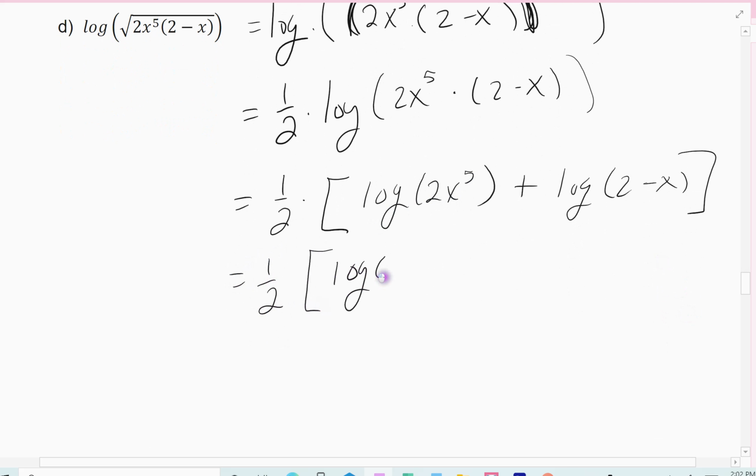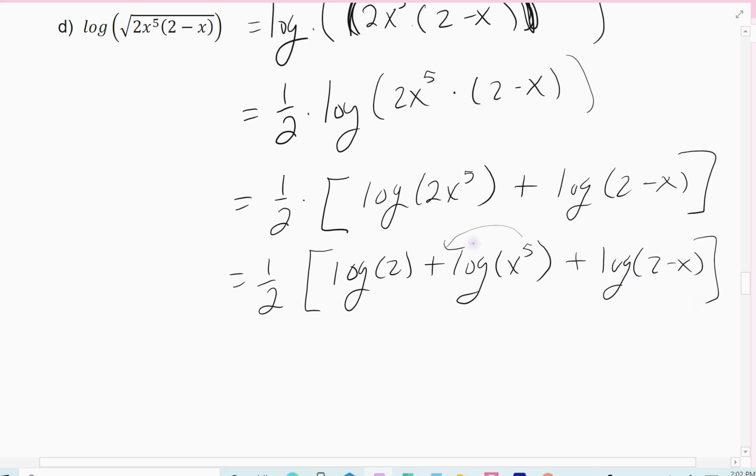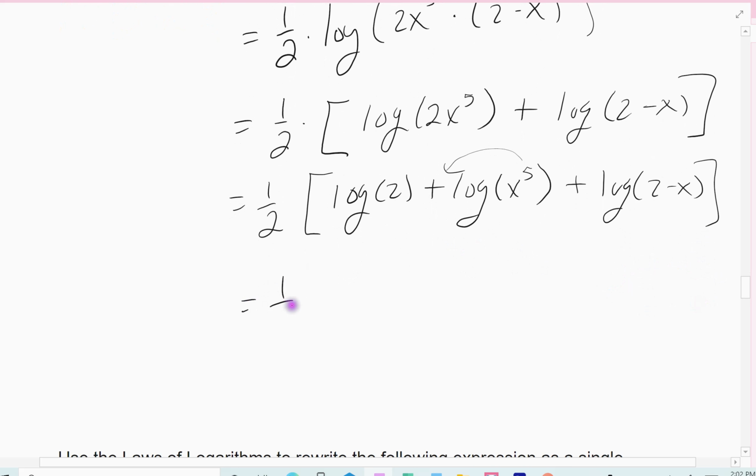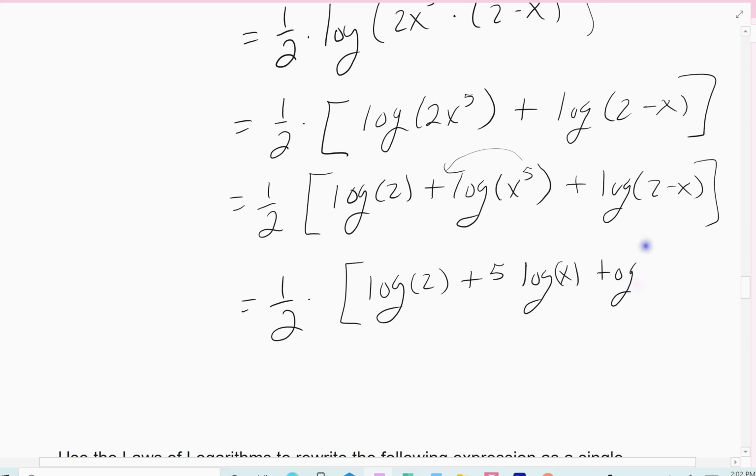It's going to be log of 2 plus the log of x to the 5th, still plus the log of 2 minus x, and then move the 5 out. So 1/2 times the log of 2 plus 5 times the log of x plus the log of 2 minus x.